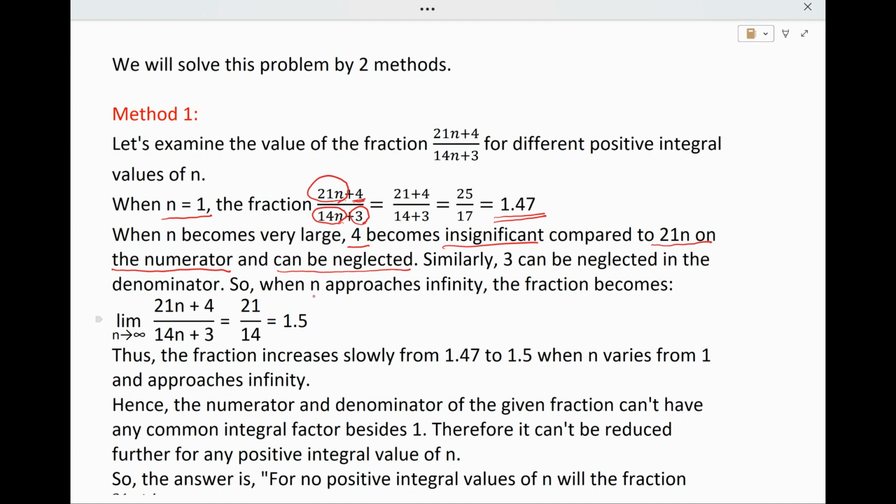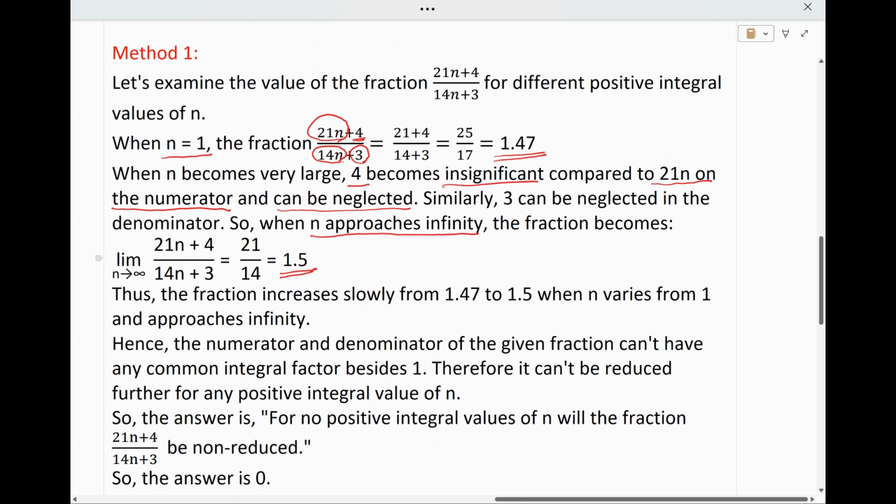Therefore, when n approaches infinity, the limit of (21n + 4) divided by (14n + 3) is equal to 21 by 14, which is 1.5.